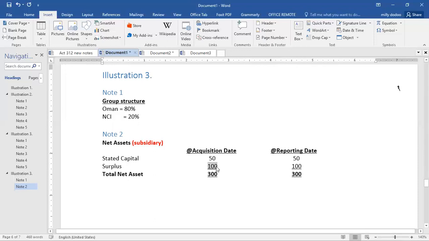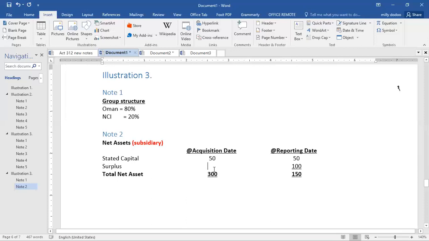Then the surpluses were not given. When you look at Muscat, surplus at the reporting date is 100. So the net asset at reporting is 150. And when you look at footnote 2, you were told that net asset at the reporting date, at year end, is 150. So you put the 150 there. Either you pick it from there or you can work it out like this.